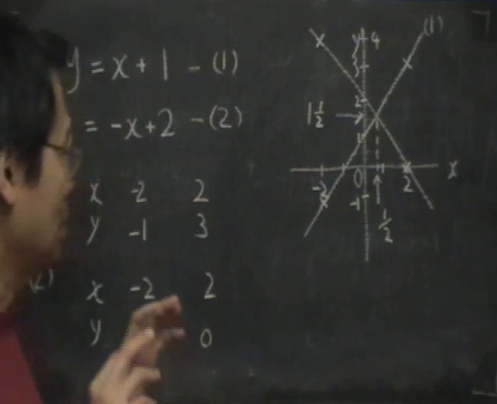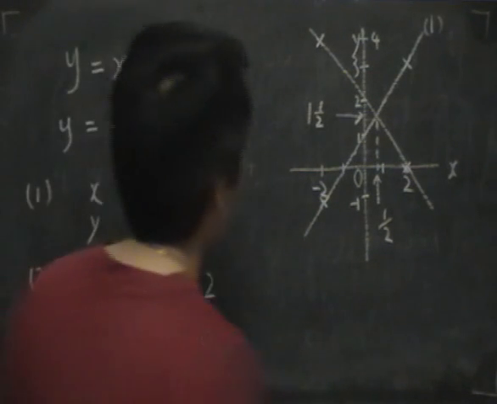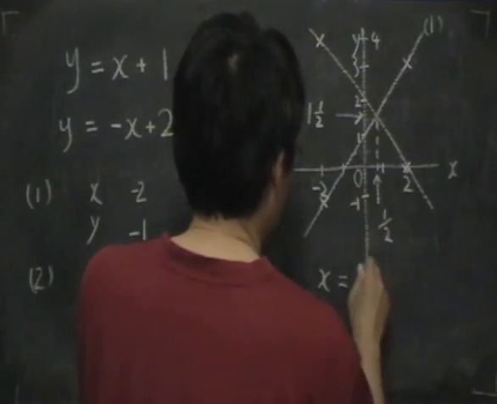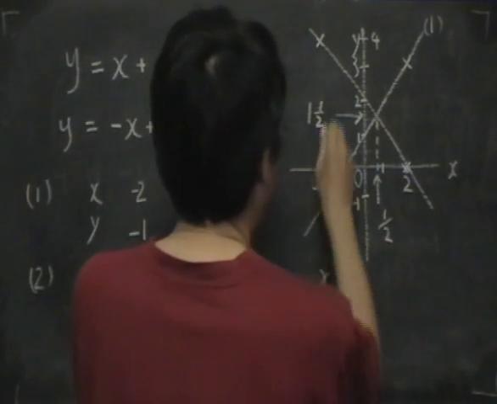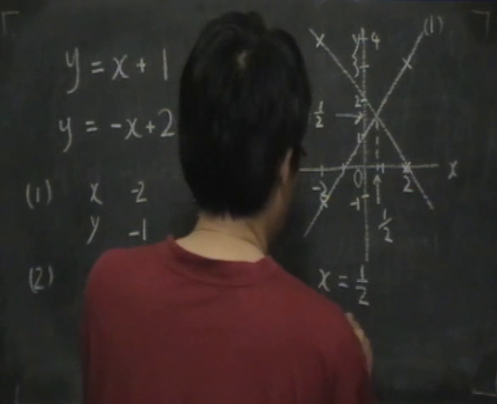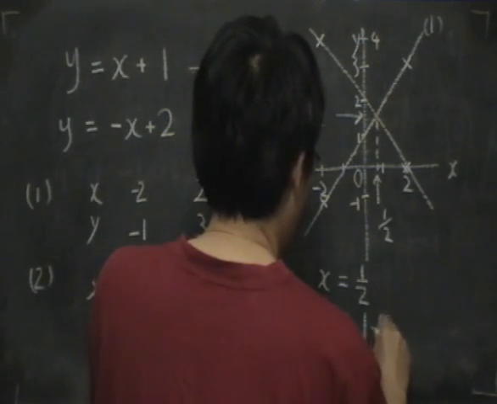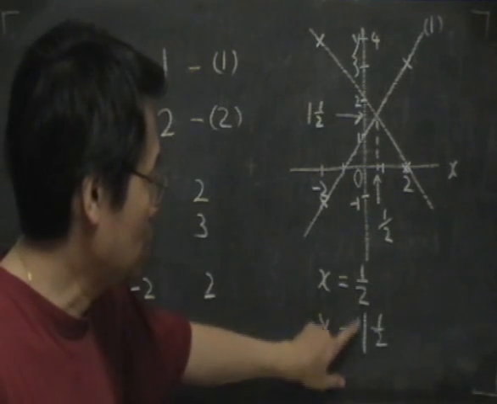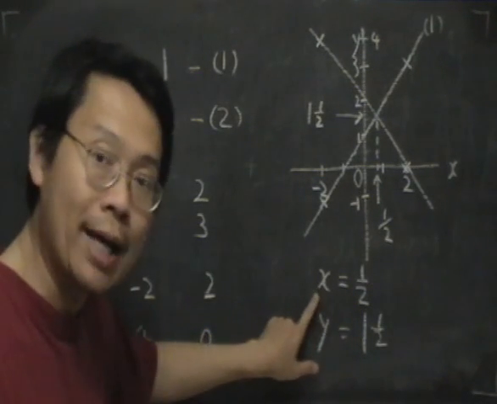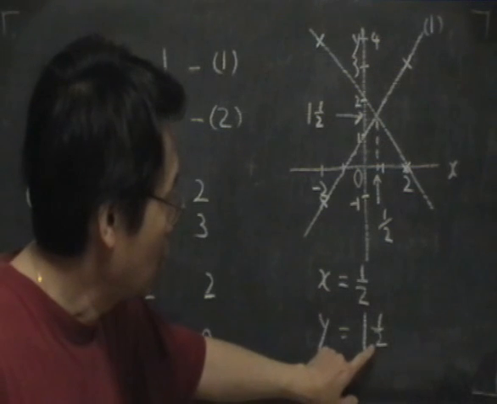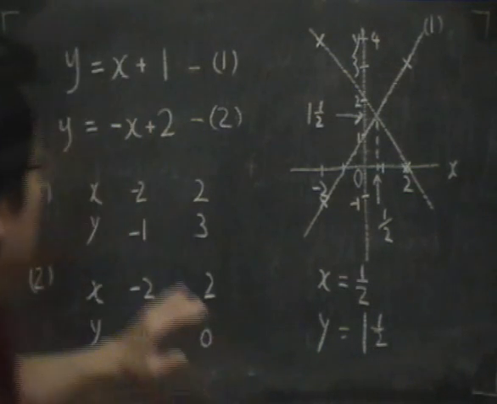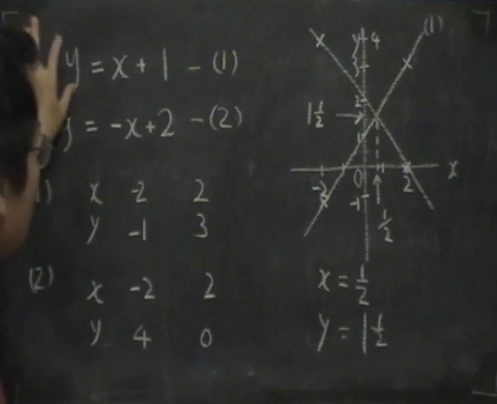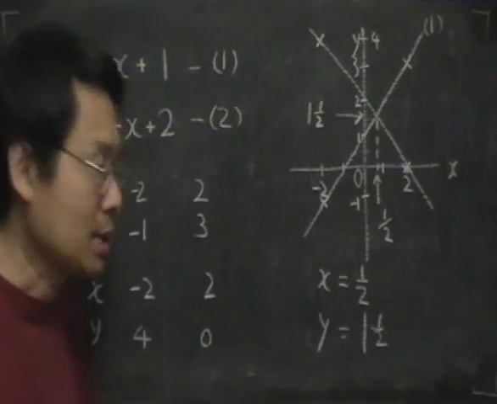Now let me write down the answer. So the answer is x equals half and y equals 1.5. So it means that if I substitute these values, half for x and 1.5 for y, into each equation, then the left side will be equal to the right side.